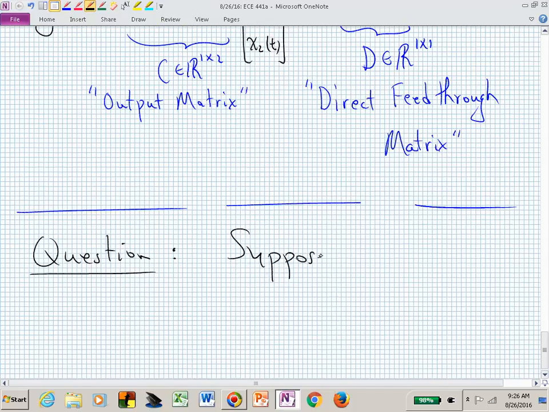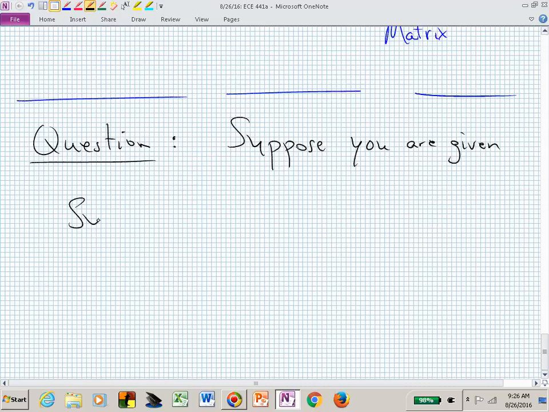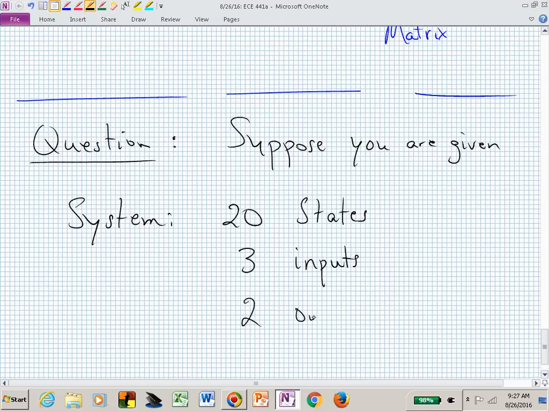Suppose you are given a system that has 20 states. This is getting you ready for exam 1. 3 inputs and 2 outputs.